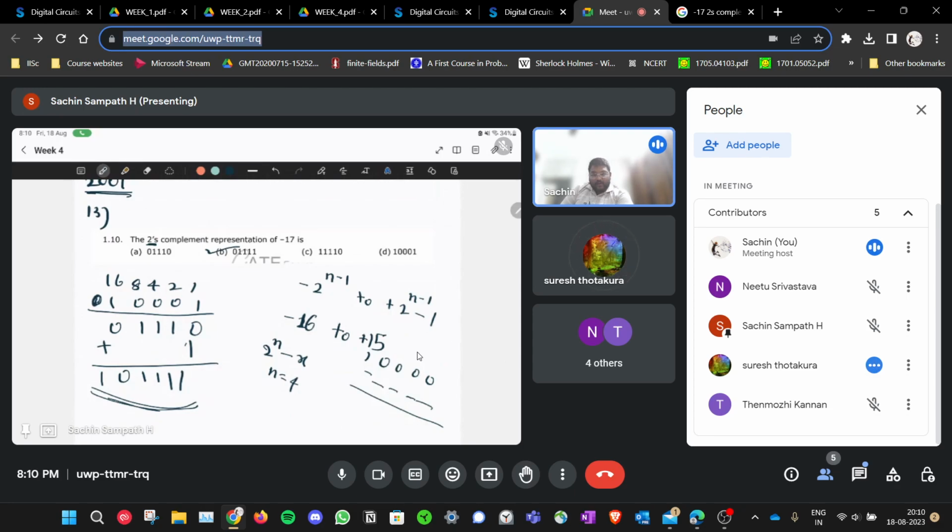But in signed, two's complement and one's complement representation, that doesn't hold anymore. You can't simply multiply out the digits 0 or 1 that you have with the weights. You will get some different numbers.